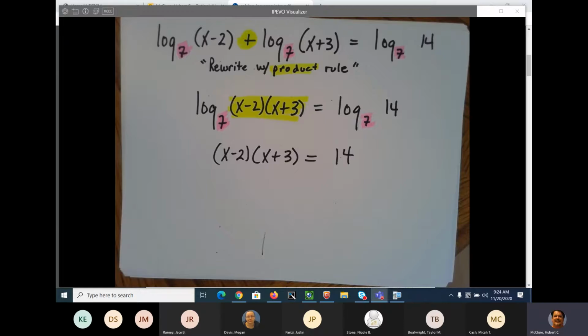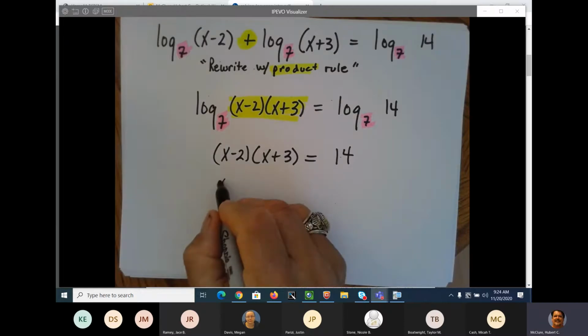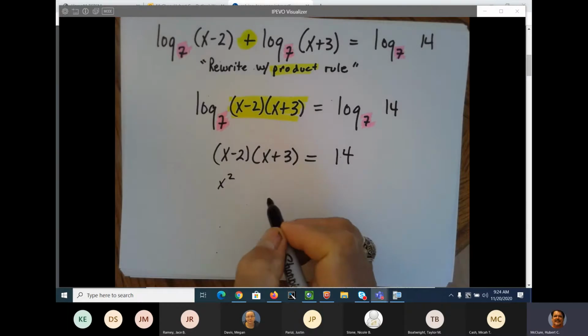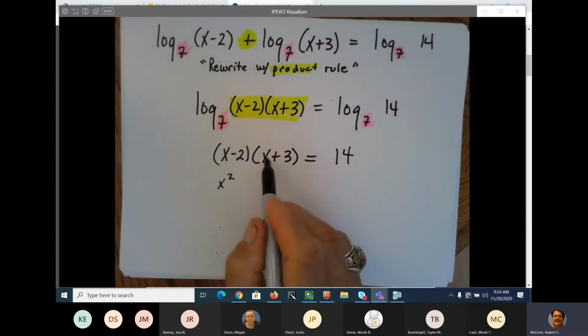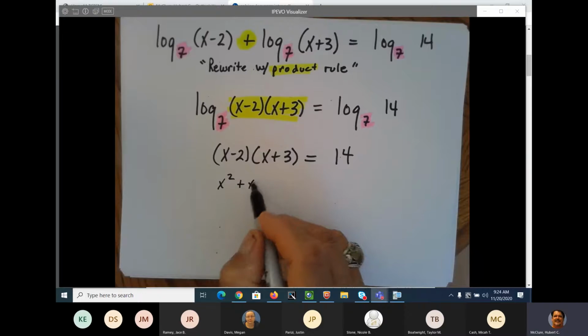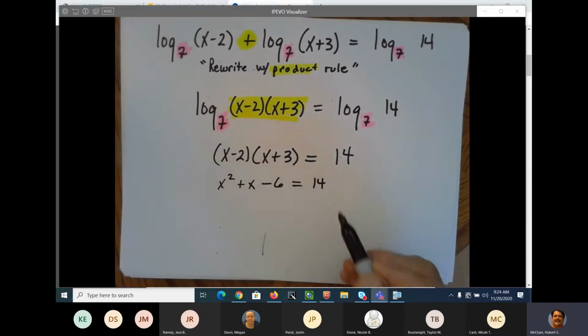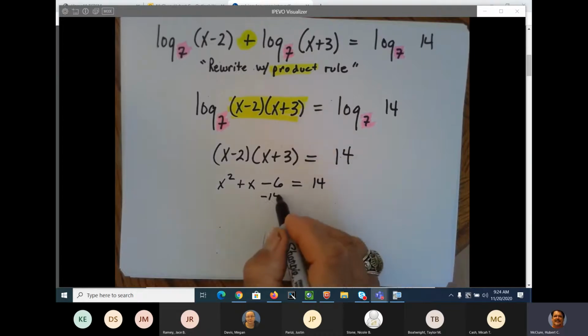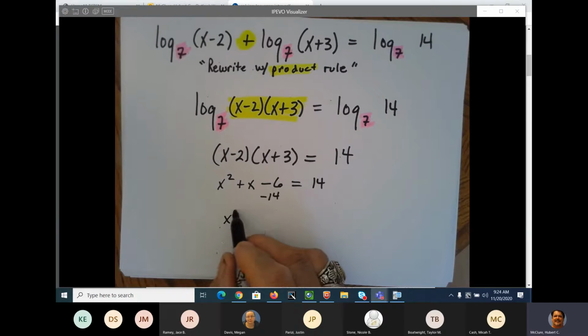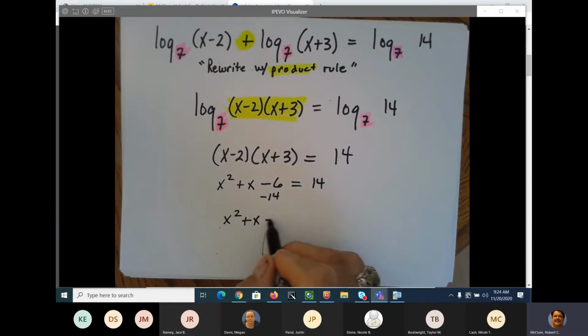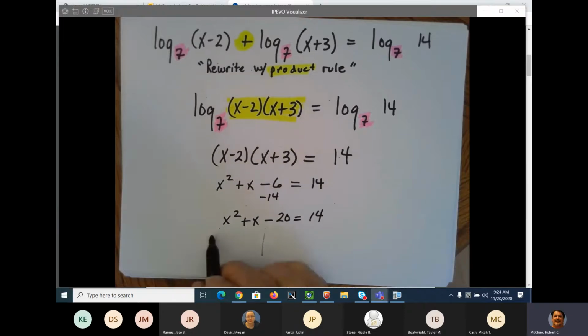And using the FOIL, x squared, 3x minus 2x is x, minus 6 is equal to 14. And if you want to bring that 14 over, it's going to be a negative 14. So x squared plus x minus 20 is equal to 0.